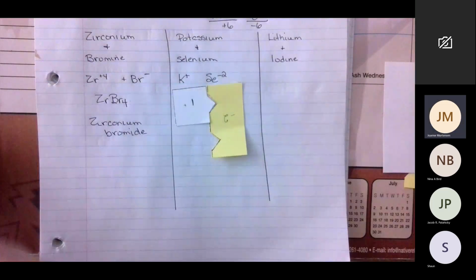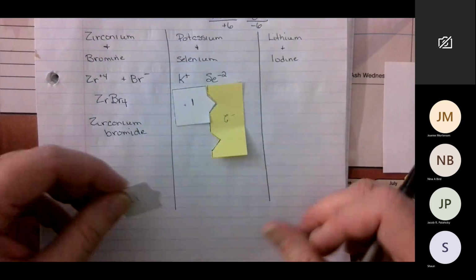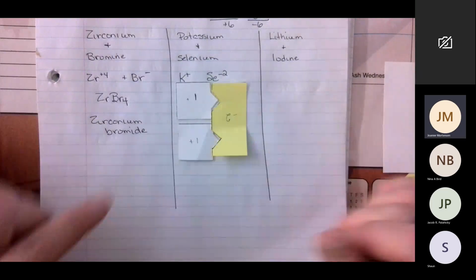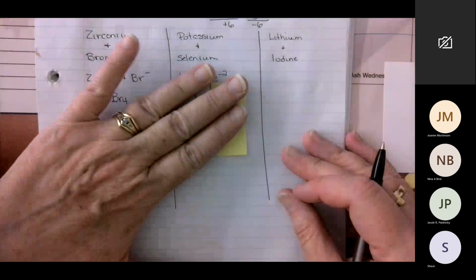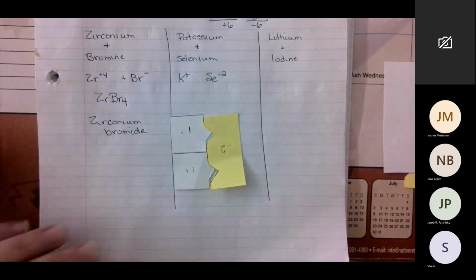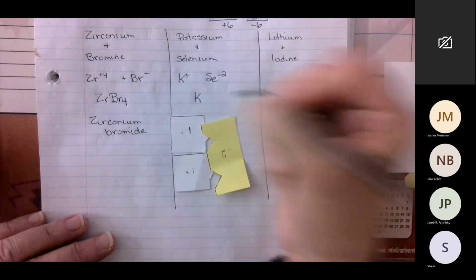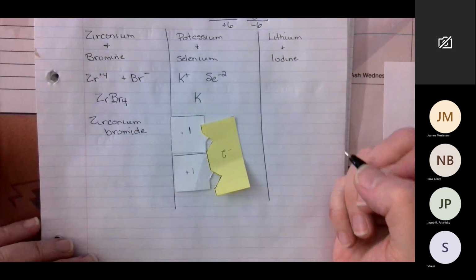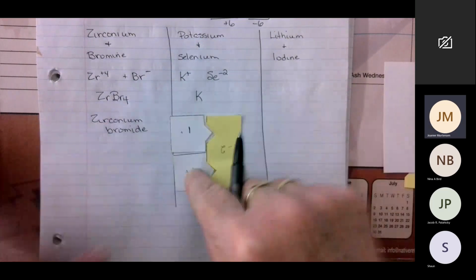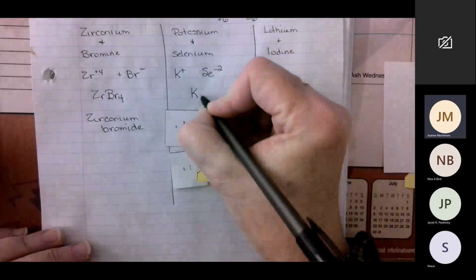Are we done? No. How many more? One more. Okay. So now, how do we write that? Well, K plus 2? Okay. How many of them did we need? 2. Okay.